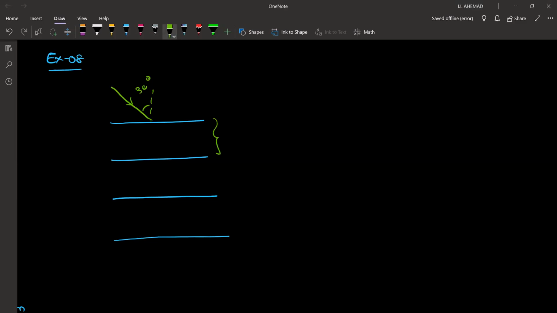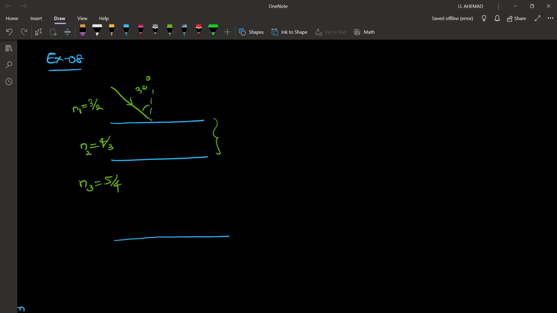So the first medium, n is equal to 3 by 2. In the second medium, the refractive index is 4 by 3. So this is N1, this is N2, 4 by 3. And N3 is equal to 5 by 4.